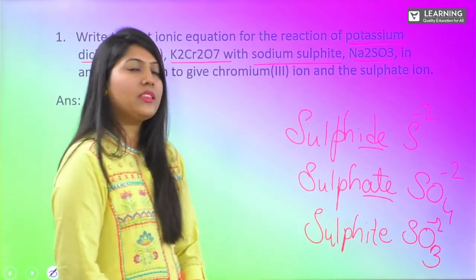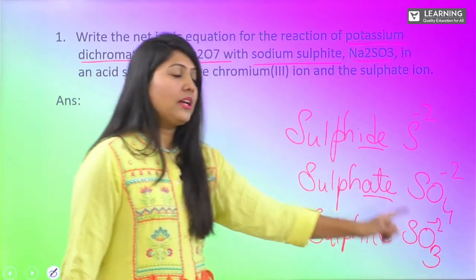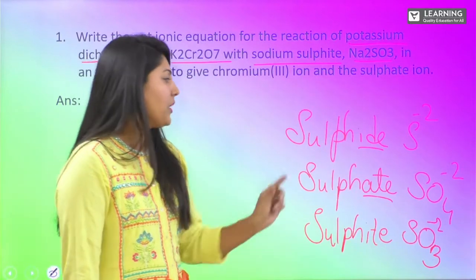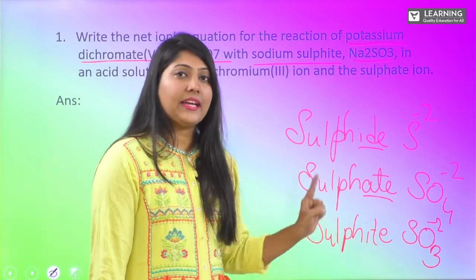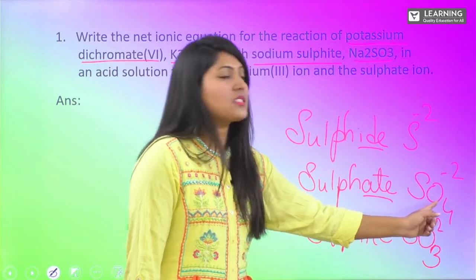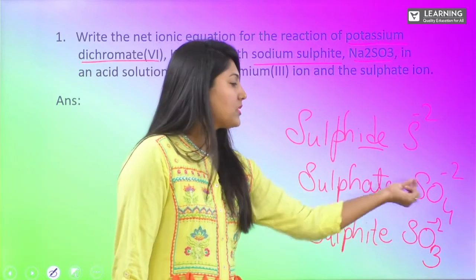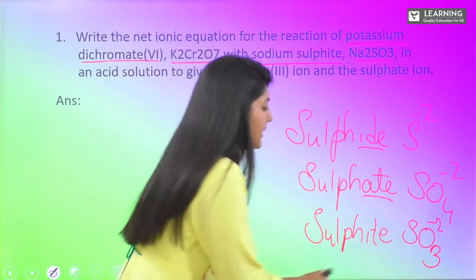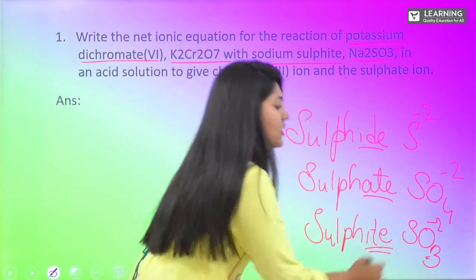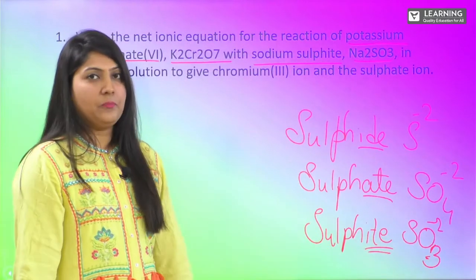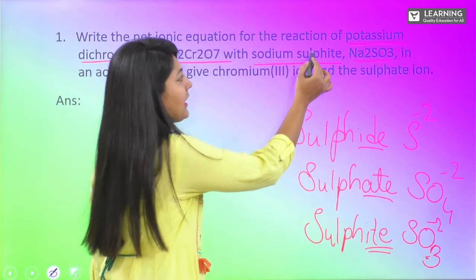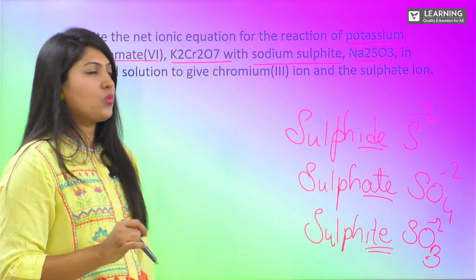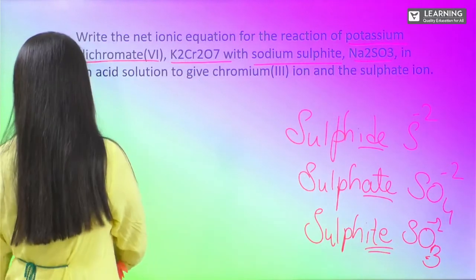The charges are equal, but IDE is only a sulfur atom, whereas sulfate has four oxygen atoms accompanying the sulfur, and sulfite has three oxygen atoms with the sulfur. Got this? So here they have given ITE, hence we get Na2SO3.